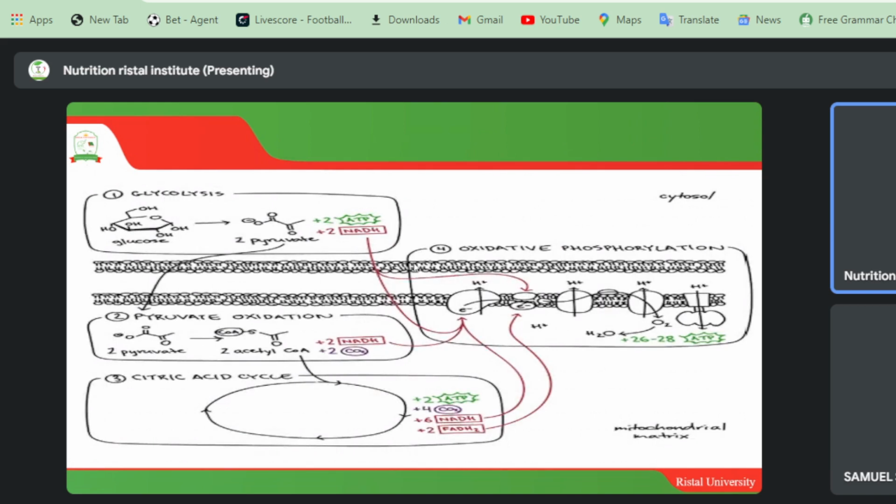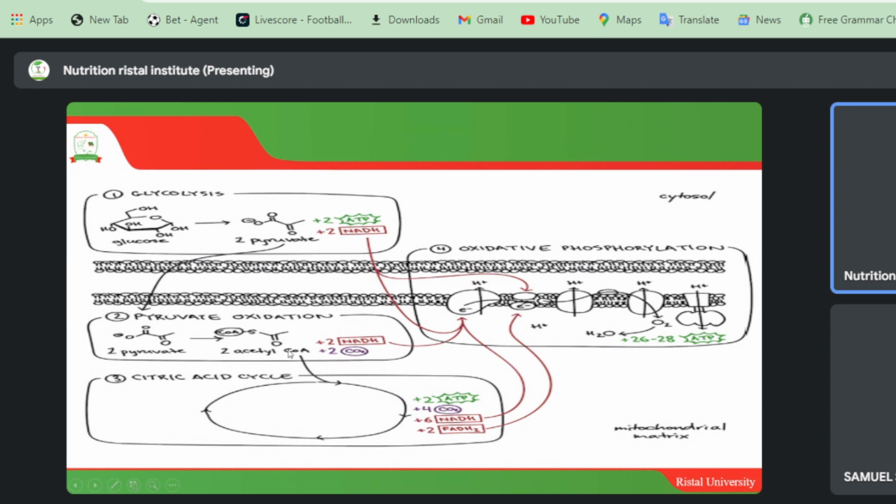That is cellular respiration here. Right up there we are seeing glycolysis, connected now to the link reaction, where pyruvate is converted to acetyl-CoA.